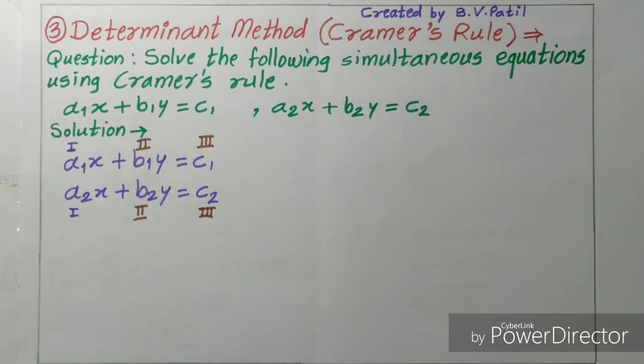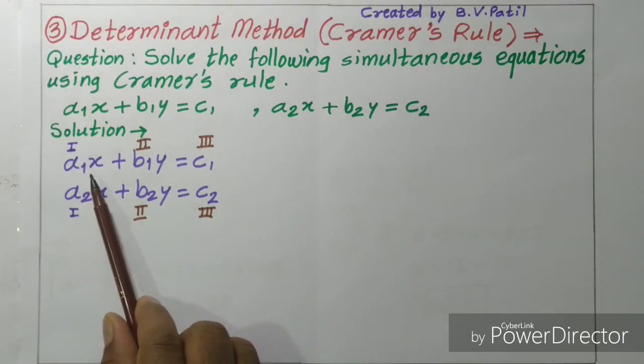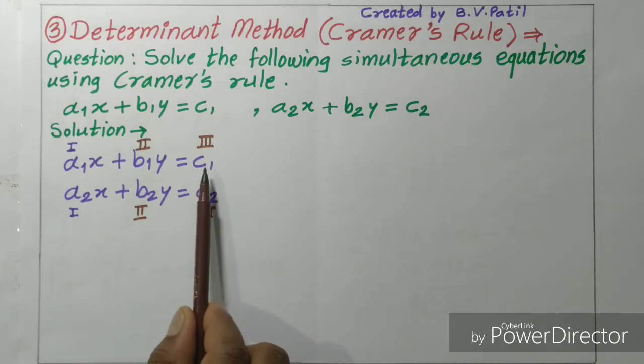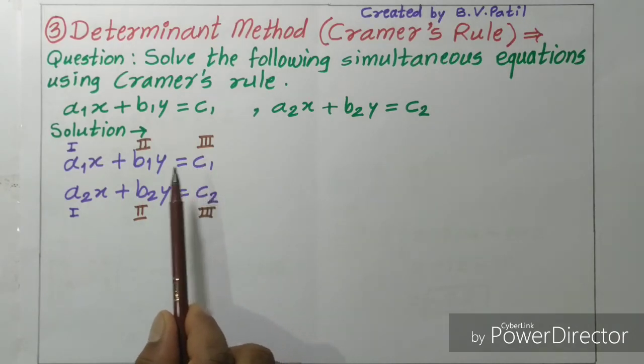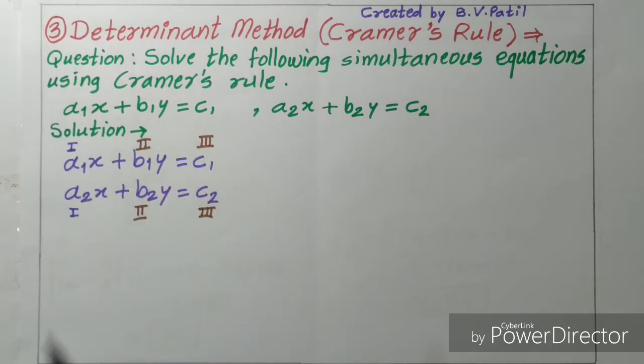If equations are given, then convert the equations into the form ax plus by is equal to a constant. Then we can use that simple method of Cramer's rule.